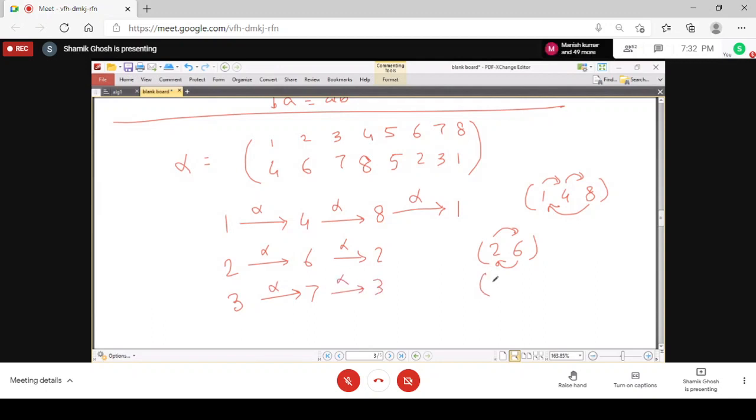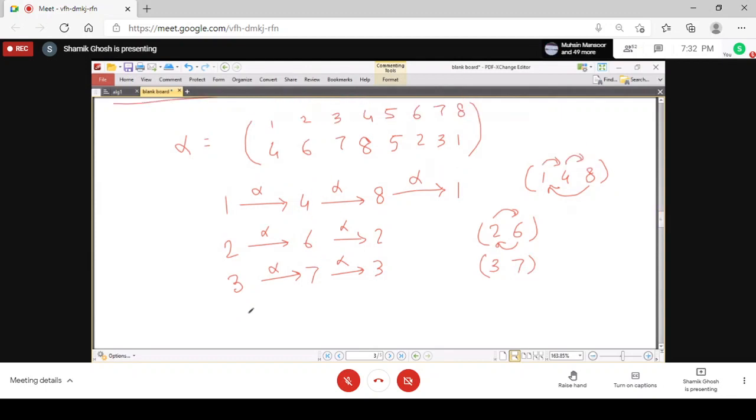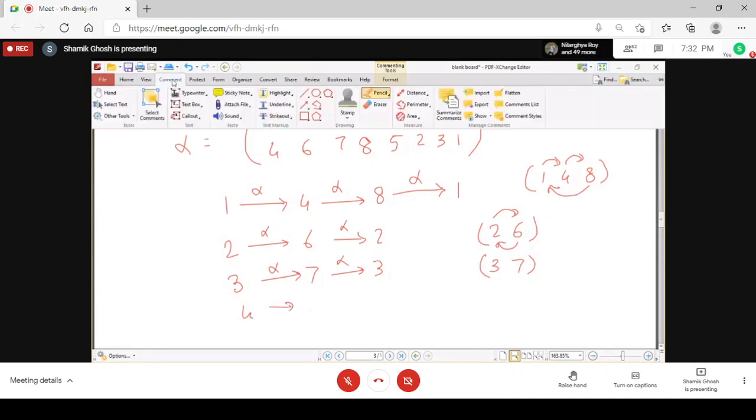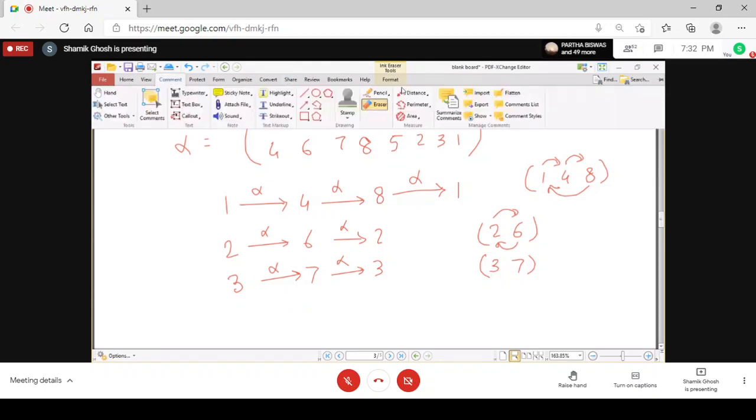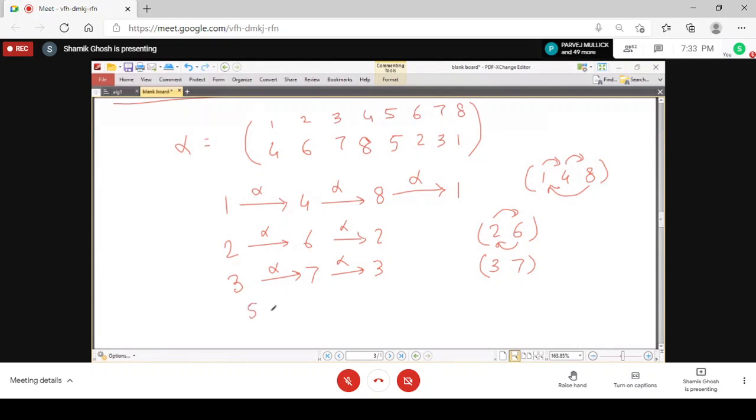So it is another 2-cycle, (3 7). Now the number missing is 4, oh no, 4 we already have. Sorry, 4 we already have. So have we covered all of them? No, 5 is missing. Only 5 is missing, but 5 goes to 5 itself.